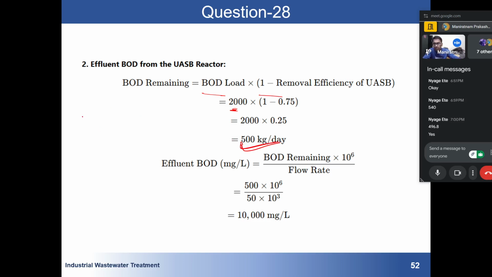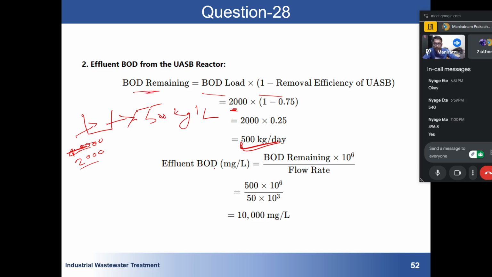Initially 40,000 was going on here, so the BOD which will be coming here will be 2,000. 2,000 is entering, and the final concentration will be 500 kg per day. Okay, so this is the BOD remaining.